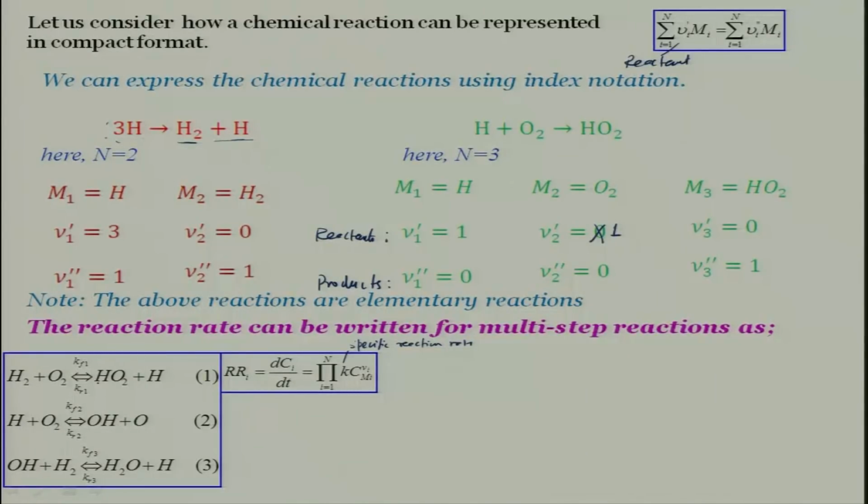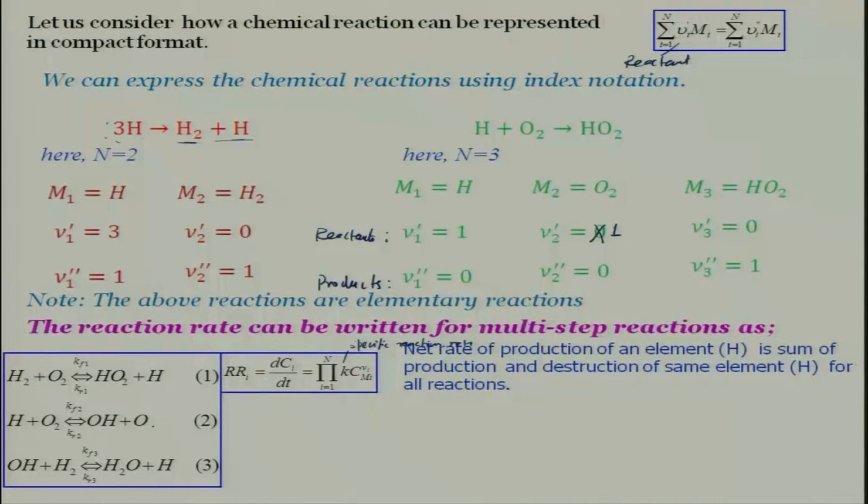In reaction 1, H is produced and also consumed, forward and reverse. Similarly, in reaction 3, H is being produced and also consumed. But if I consider hydrogen, it appears only in reaction 1 and reaction 3. In reaction 2, hydrogen is not there, yes or no.